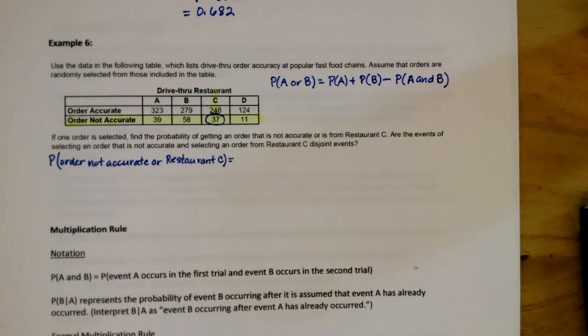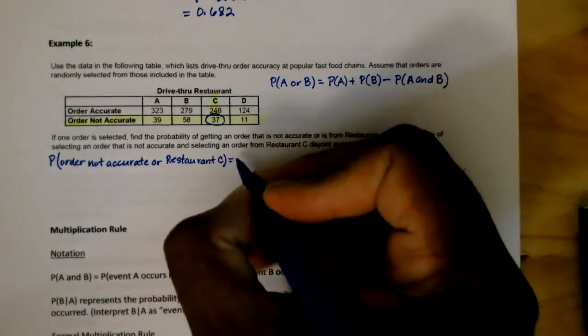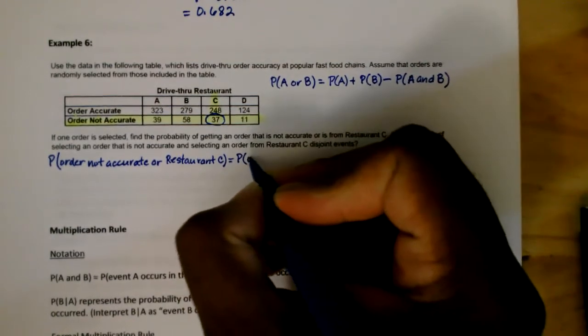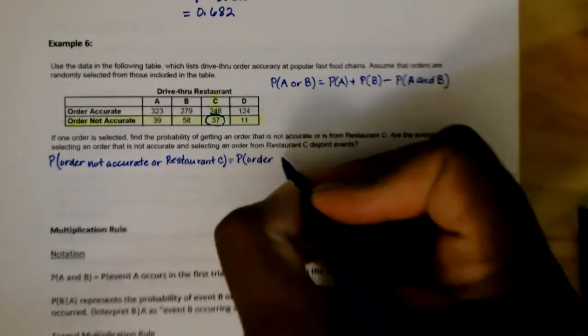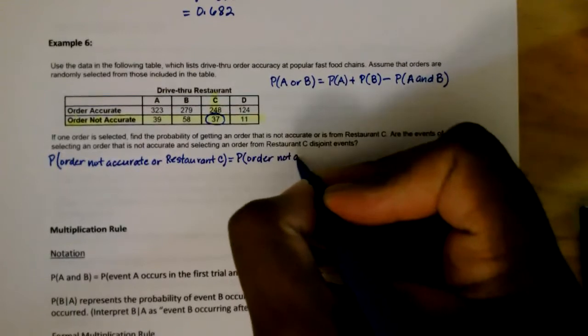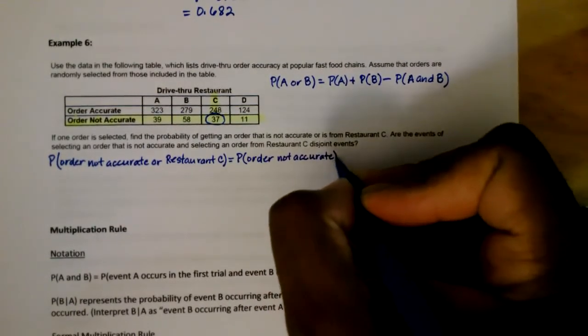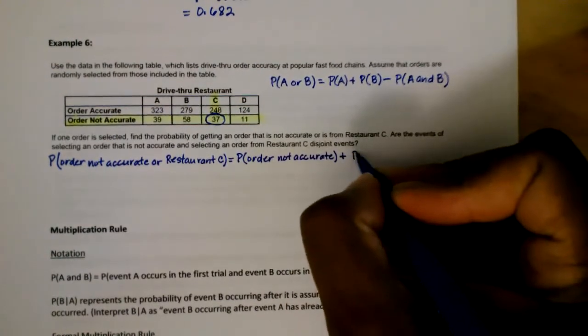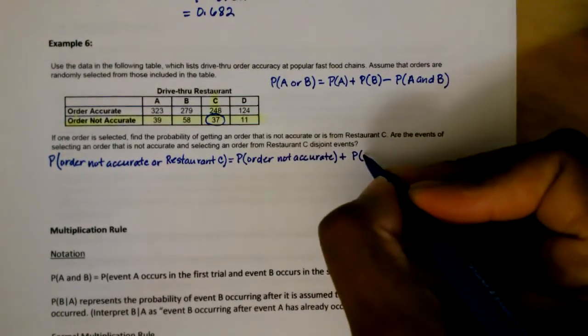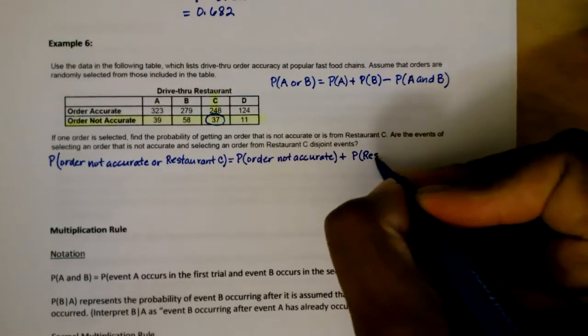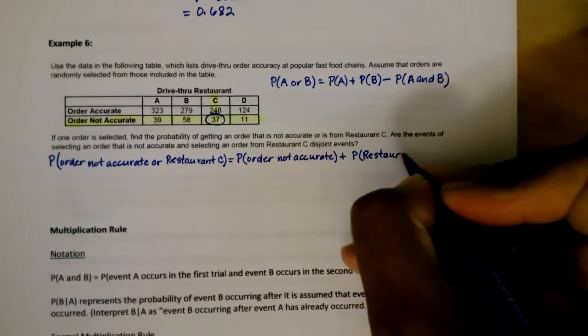So in this case, the probability of selecting an order that's not accurate or from restaurant C would be the probability of the order not being accurate plus the probability of selecting an order from restaurant C.